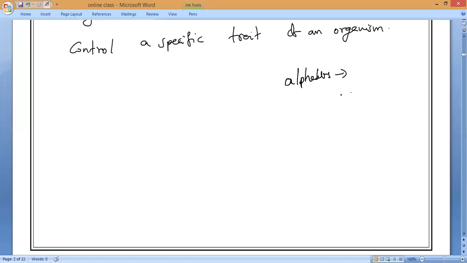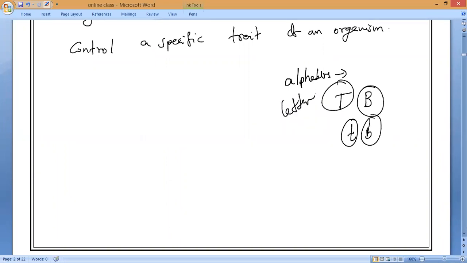If I write capital T, capital B, small b, small t, each one indicates one gene and one of the characteristics of an organism. So that is why we always represent genes with alphabet letters.